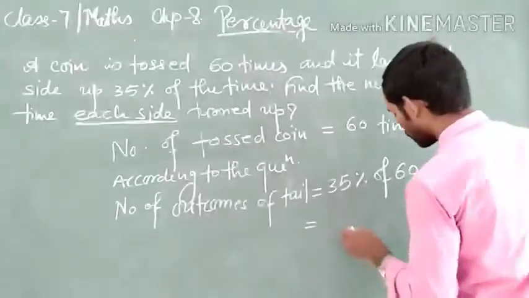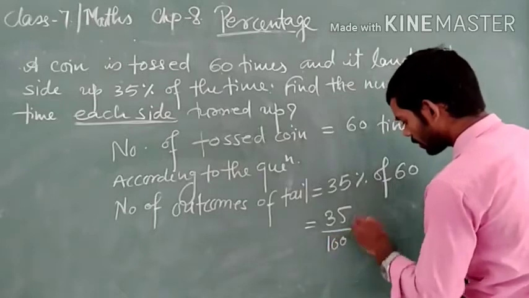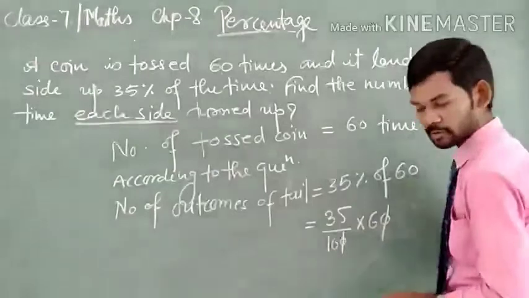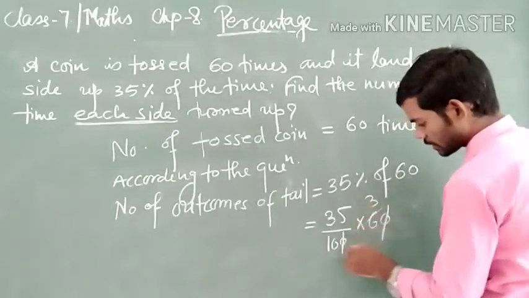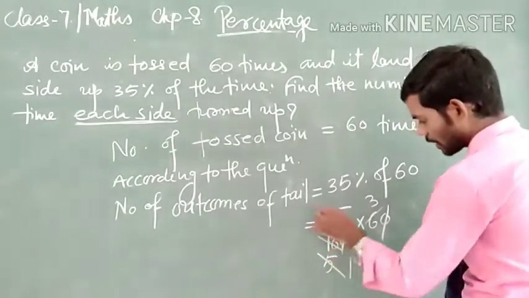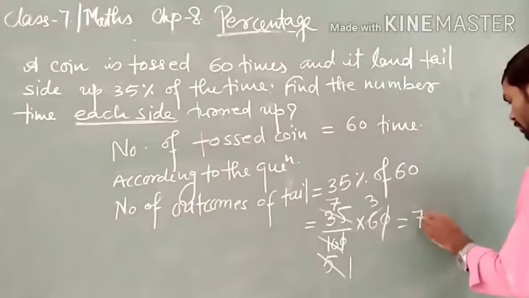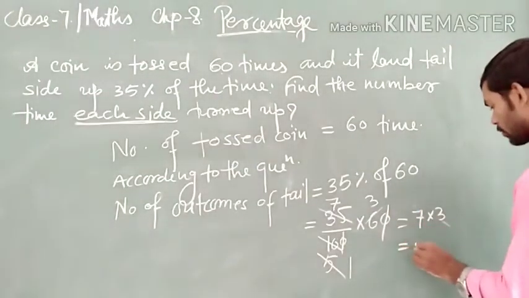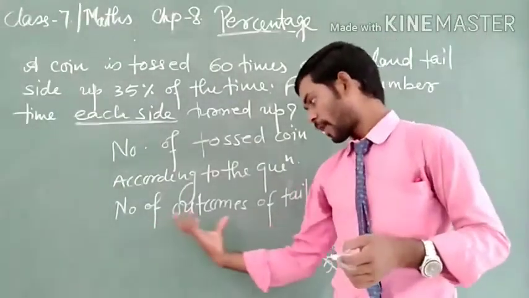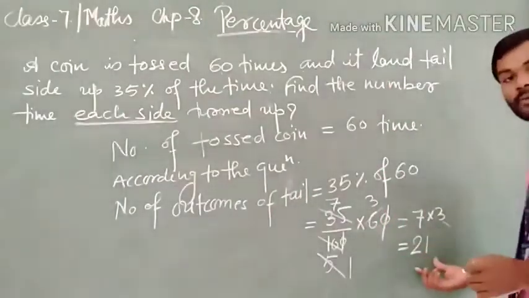So this will be equal to 35 upon 100 multiplied by 60. 10 and 10 cancel out. 2 3s are 6, 2 5s are 10, 5 1s are 5 and 5 7s are 35. So here we get 7 multiplied by 3, and this is equal to 21. So we can say that the number of outcomes of tail is equal to 21 times.